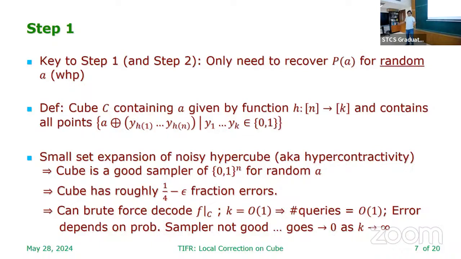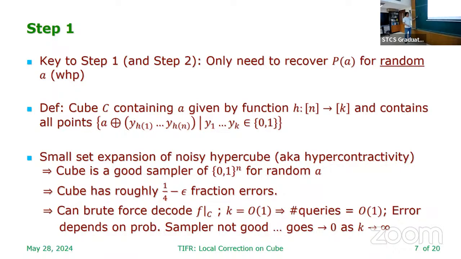So in this cube {0,1}^n of massive dimension, I've decided to look at some subcube over here. The dimension doesn't shrink lengthwise, it's the number of variables that's really shrinking, but somehow I've reduced it.